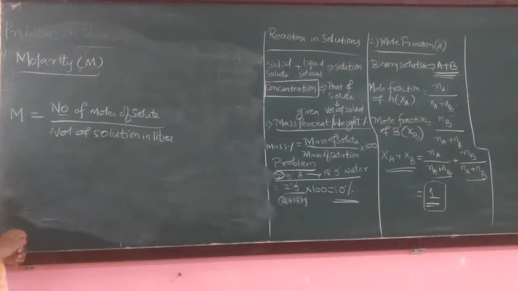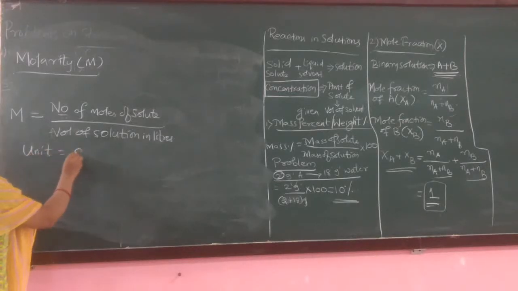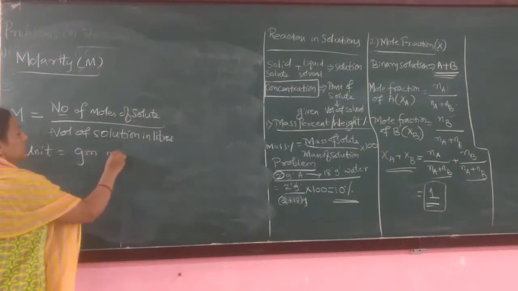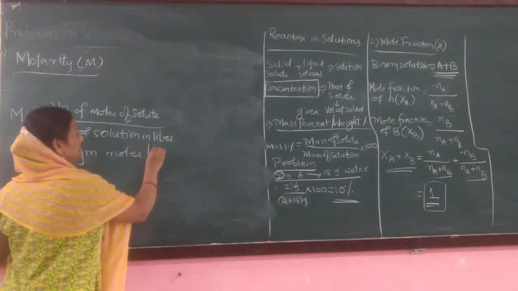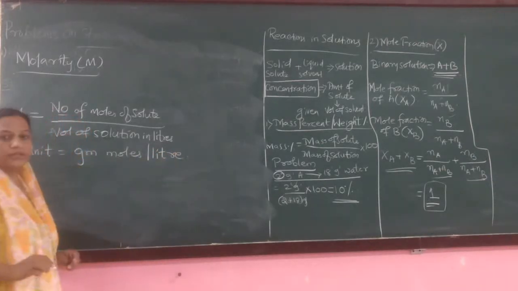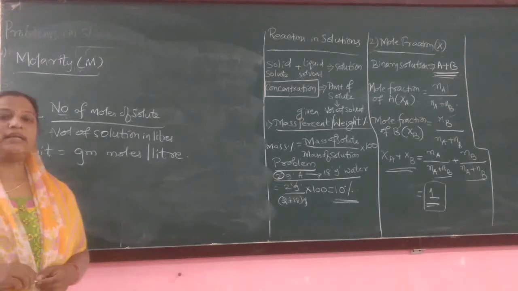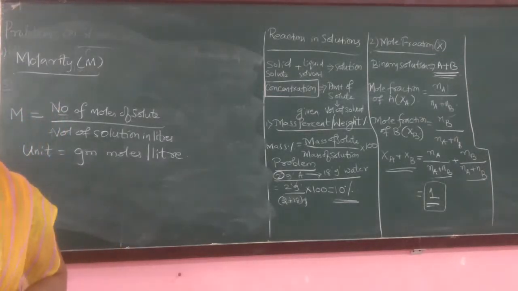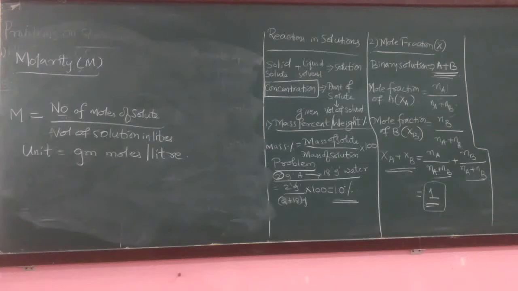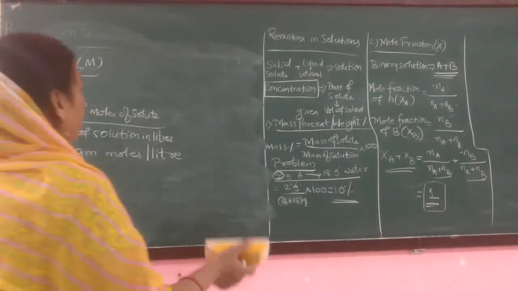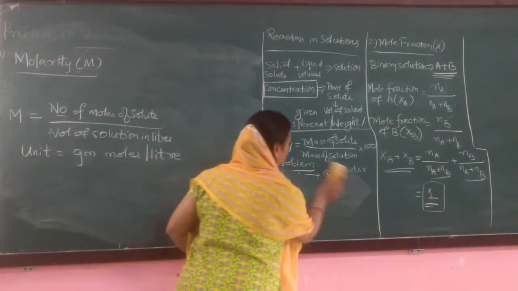Now if you take this definition, the unit for molarity will be gram moles per liter. The unit in which molarity is expressed is gram moles per liter. Here I would like to take one of the problems to explain molarity. Now the problem goes as, the same problem I will be referring to in the notes also.